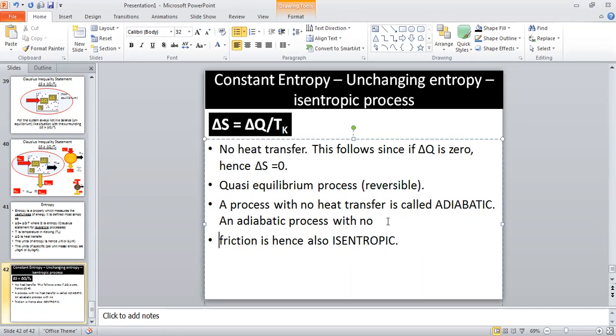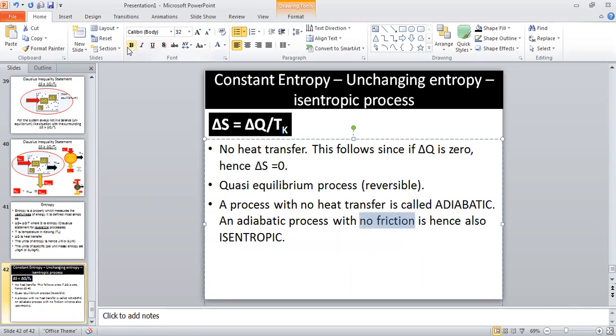Because it's reversible, no friction, and no heat transfer is called adiabatic.